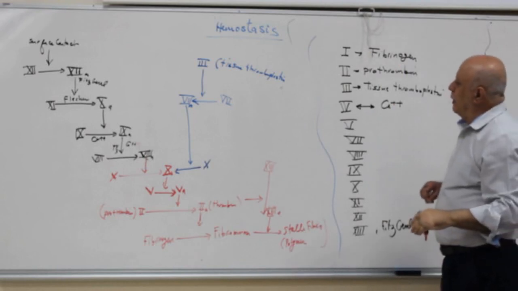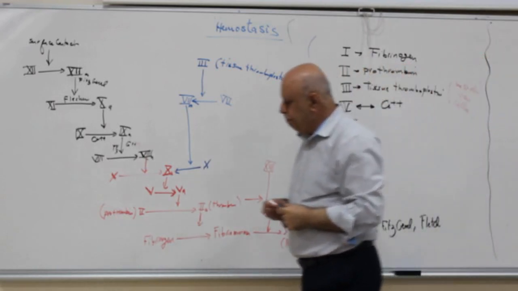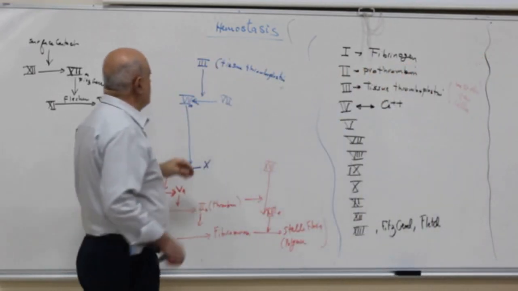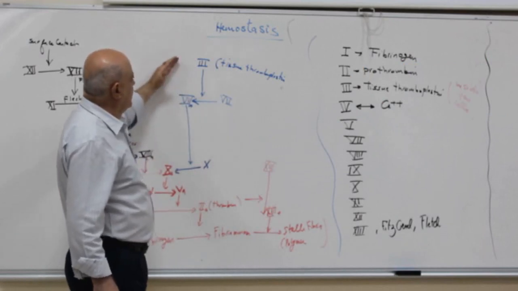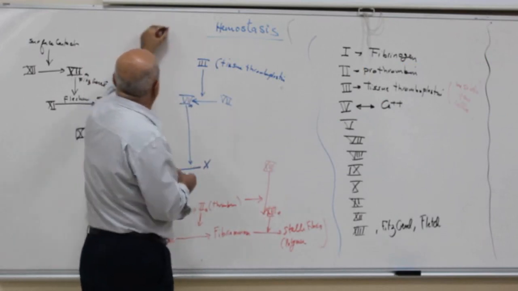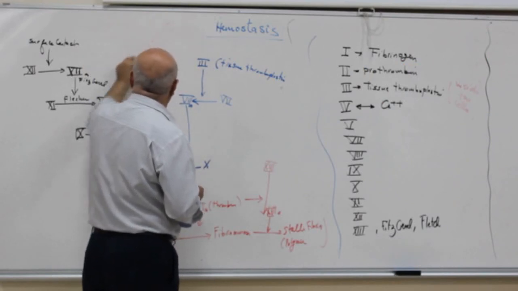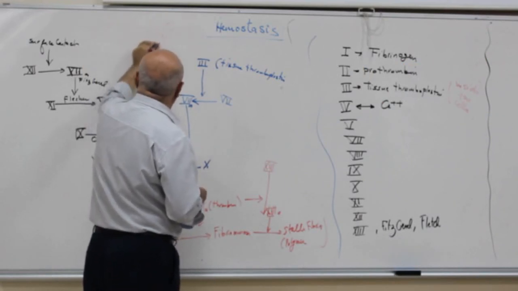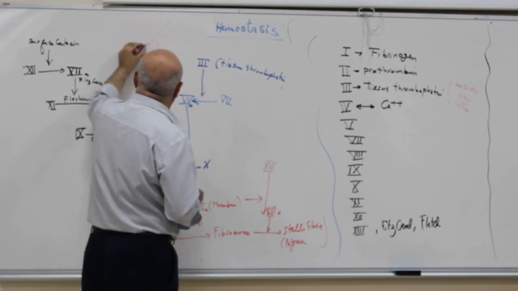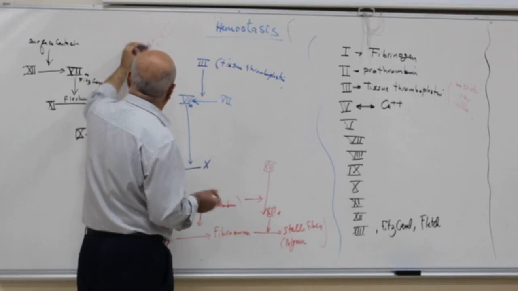So what happened? How do we clot? As soon as the blood vessel is cut, there is tissue damage, the cells in the blood vessels get damaged or broken.